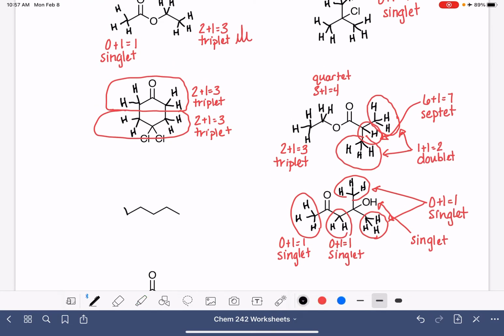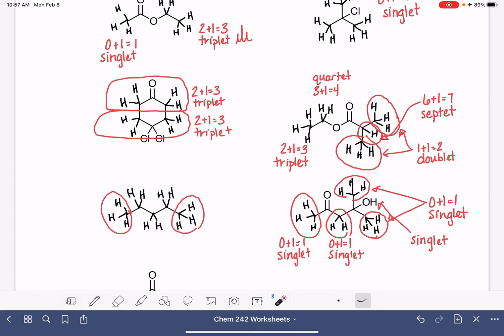So for this molecule, we've got 3 hydrogens on each carbon on the end, and these 6 hydrogens are all equivalent to each other. Then we've got these 4 hydrogens right here that are equivalent to each other, and then these 2 down here on the bottom. Starting with these 3 hydrogens, which are equivalent to these 3 hydrogens right here, this hydrogen, we'll use this guy first, is 1, 2, 3 bonds away from 2.